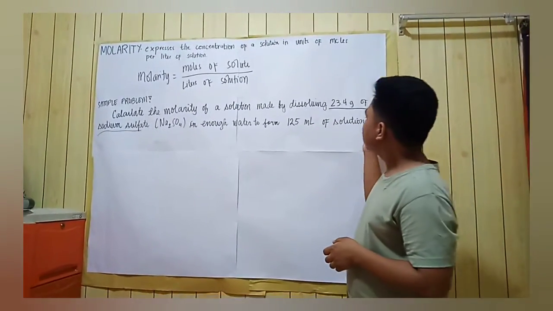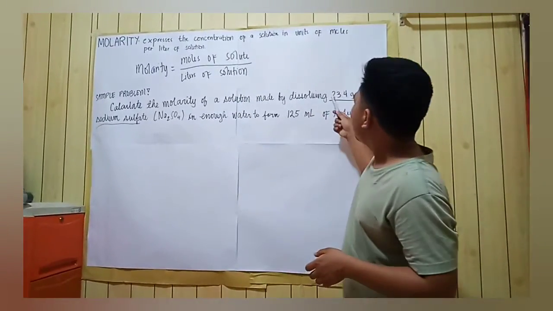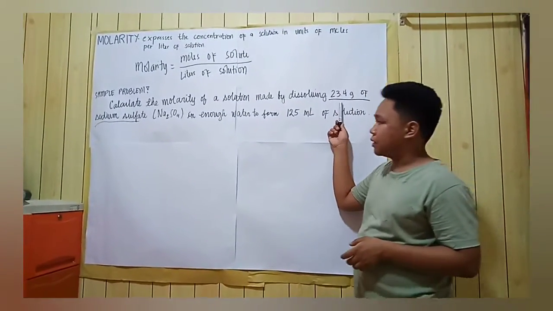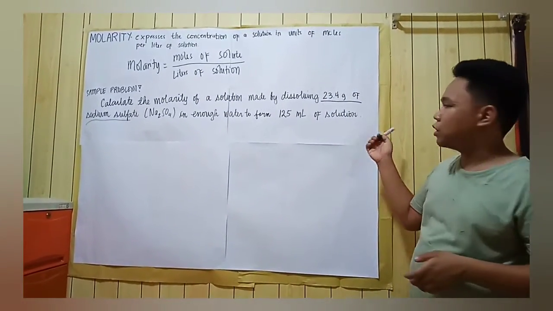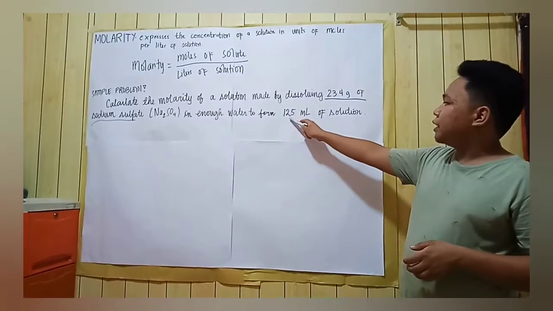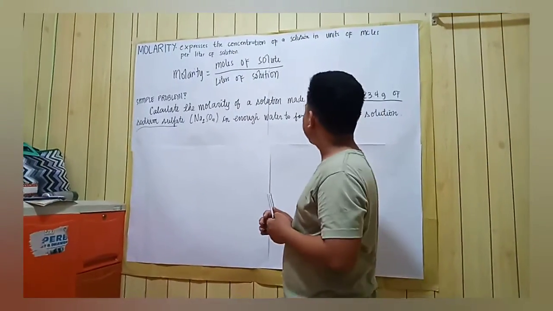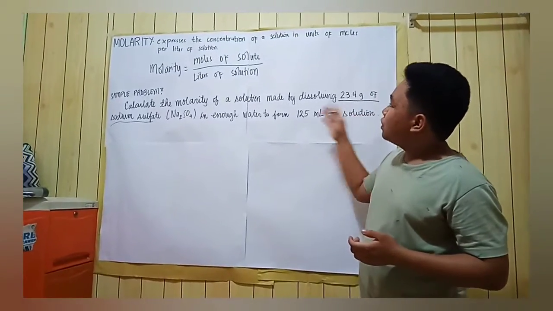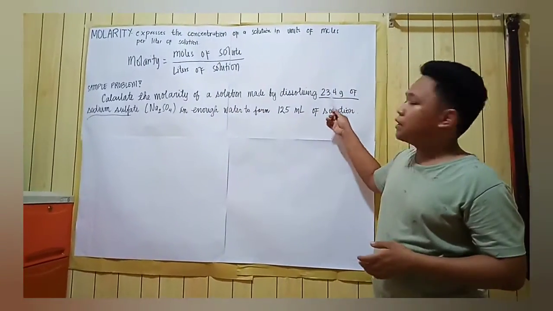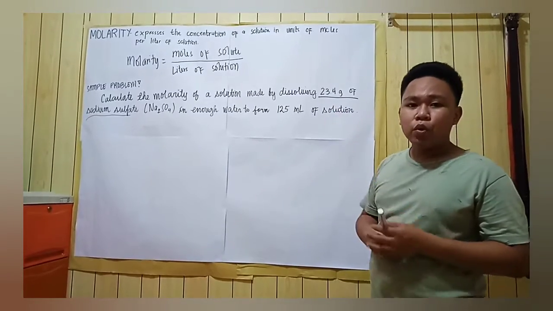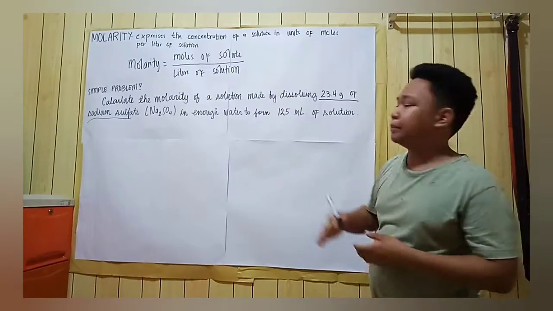So we have our solute, sodium sulfate, which weighs 23.4 grams, and our volume of solution, which is 125 ml. But our solute is supposed to be in moles, while the given is in grams. So we need to convert it first before we can get the molarity.